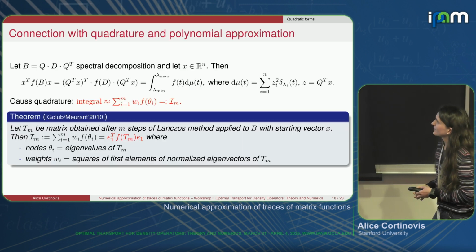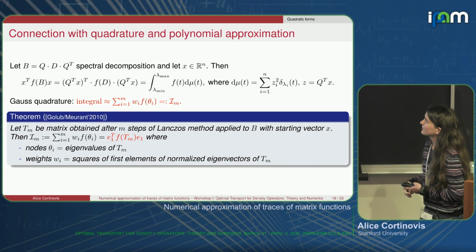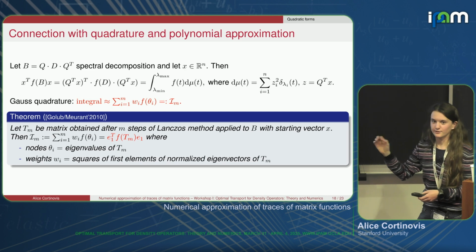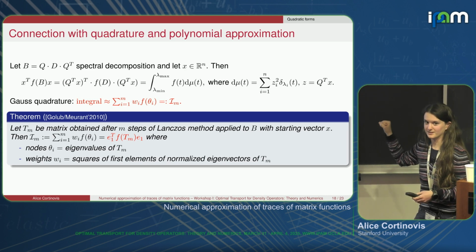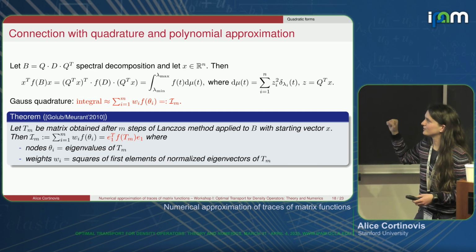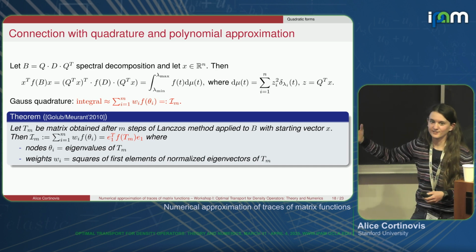There's a nice connection that I want to point out, a connection with quadrature. Regarding the quadratic form x transpose f(B) x, you can actually rewrite it as an integral.